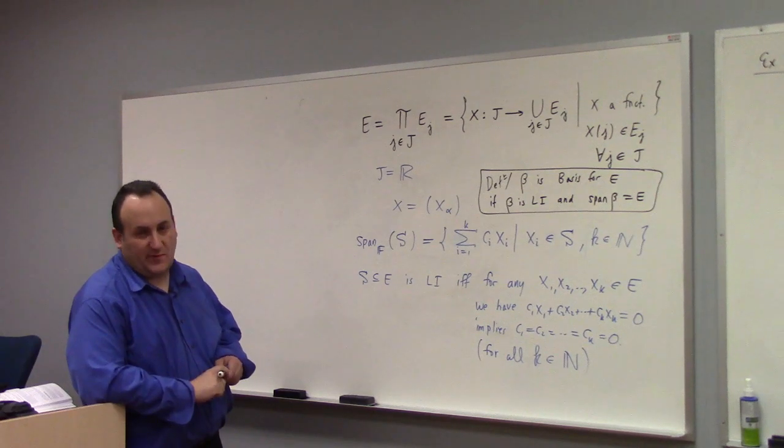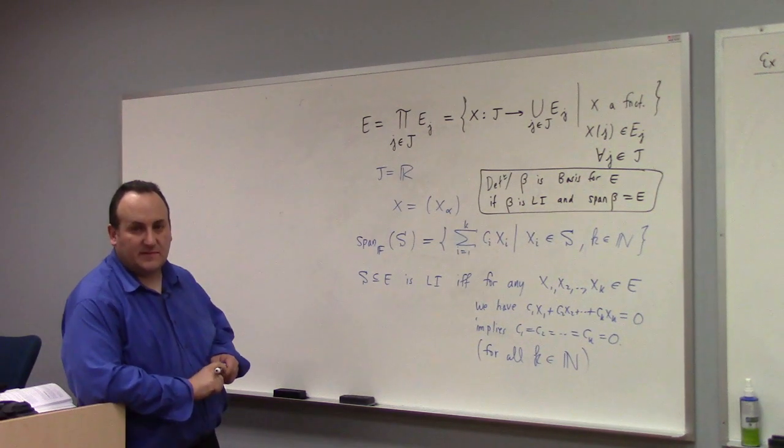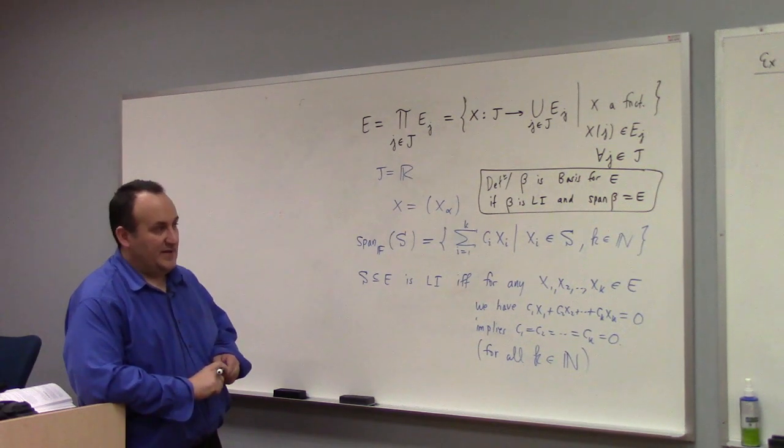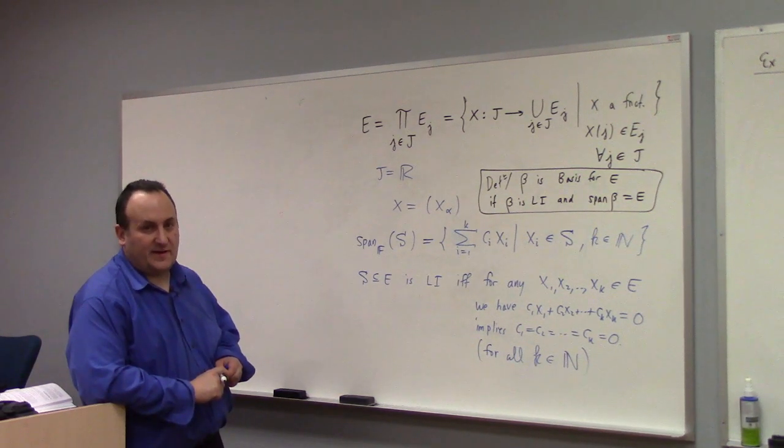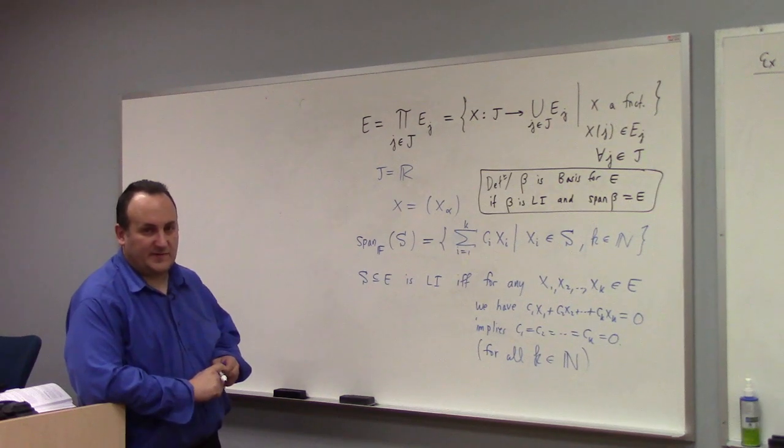You can't have a space which is both 8-dimensional and 10-dimensional. Dimension is a well-defined number: if there exists a finite basis for a vector space, all other such finite bases must have the same number of elements. Therefore, we can define the dimension of a finite dimensional vector space as such.